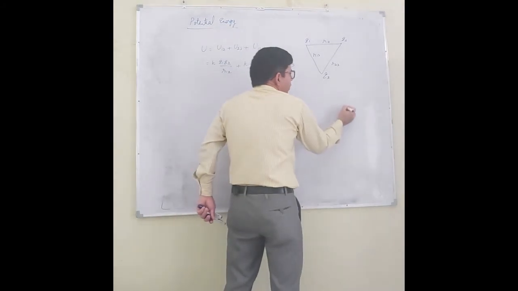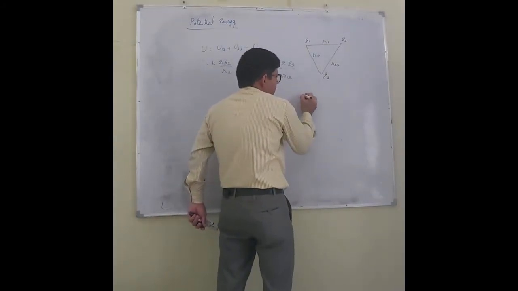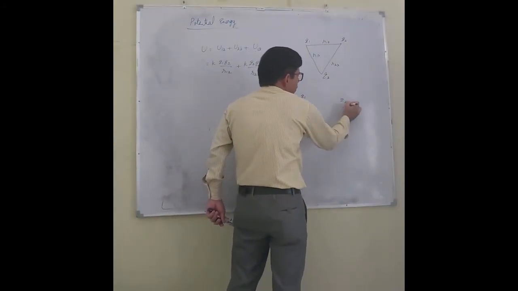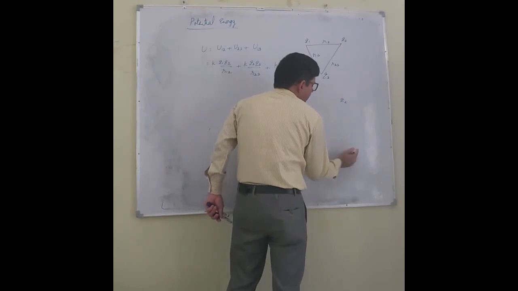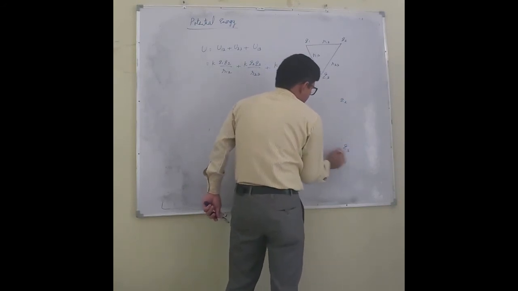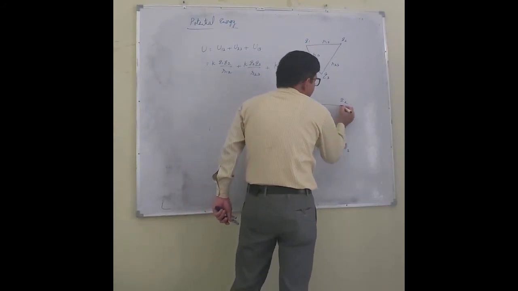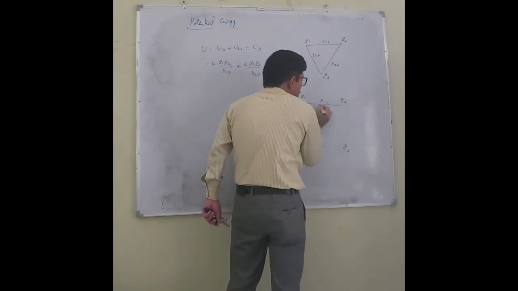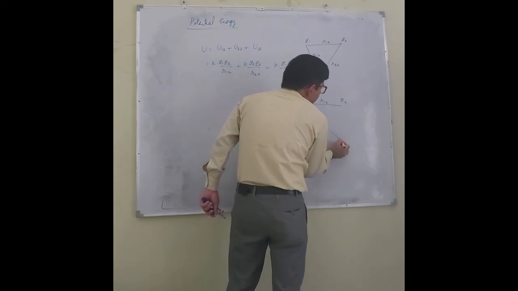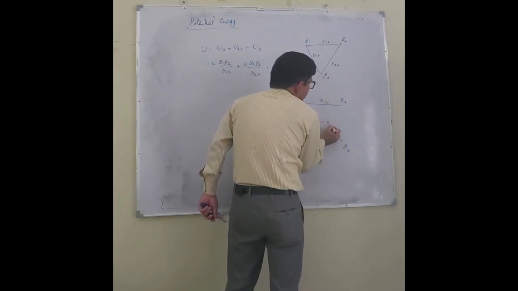If I take four charges in a system, these charges are Q1, Q2, Q3 and this charge is Q4. This separation is R12. This separation is R13.